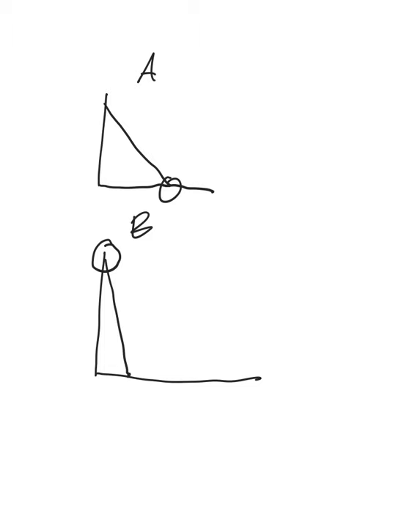Country B has comparative advantage in the vertical good because if country B wants to increase its production of the vertical good, it does not have to sacrifice very much of what I'll call the horizontal good.